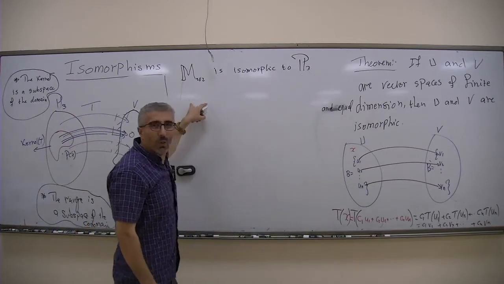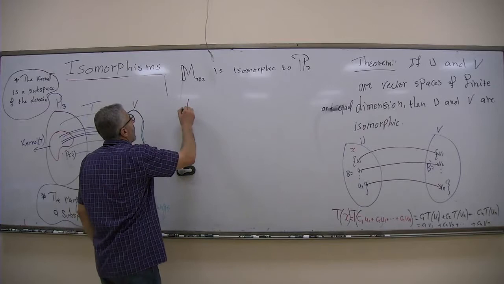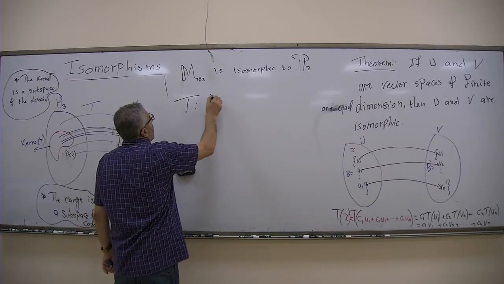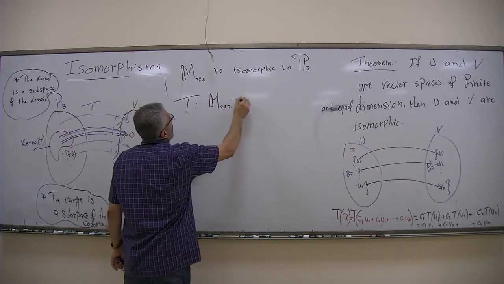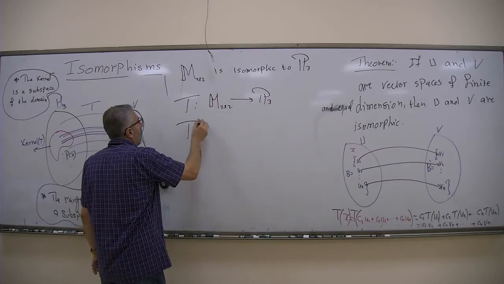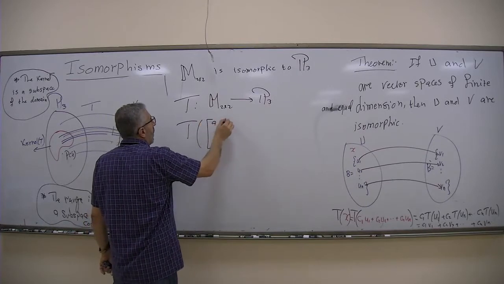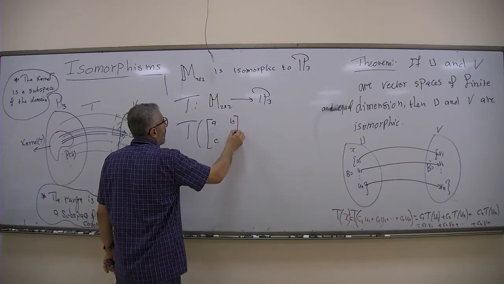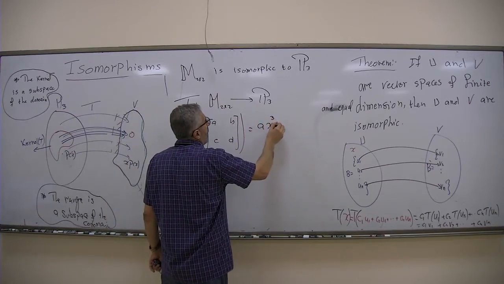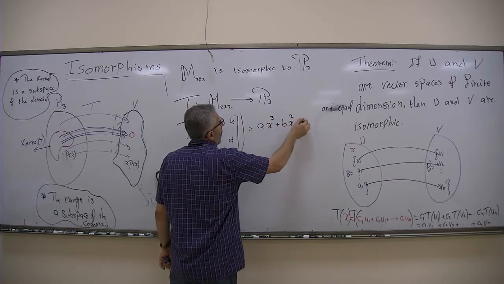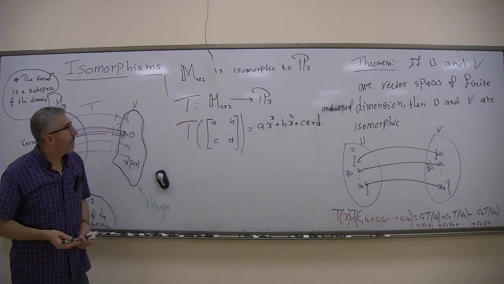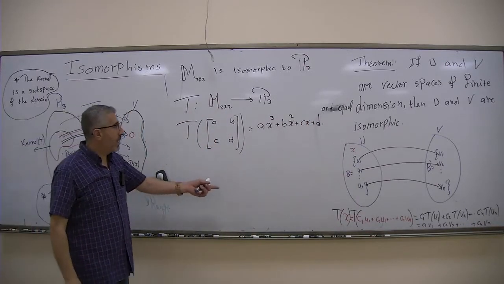Now, can we construct an isomorphism between them? Yes. Take T from M2 by 2 to P3 as T of [A, B; C, D] equals AX cubed plus BX squared plus CX plus D. We are using this idea.